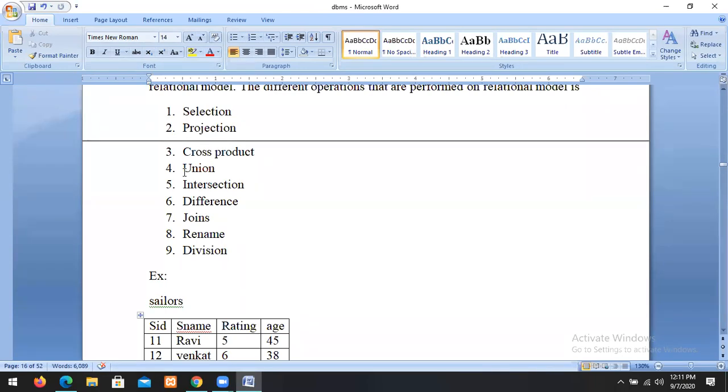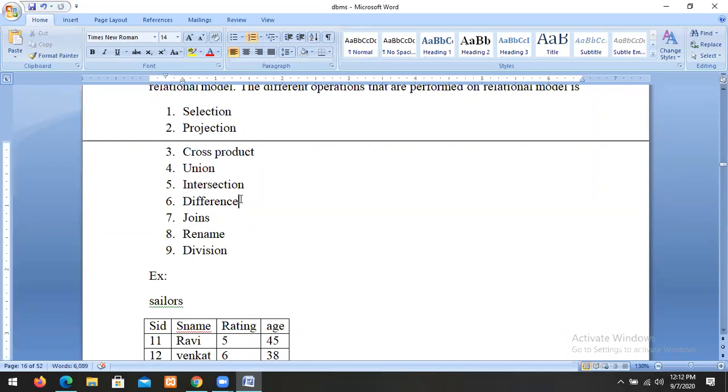That is called union. What is intersection? In the case of intersection, it contains the rows which are common to both the sets. That's what is called intersection.